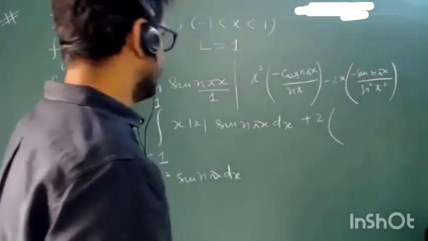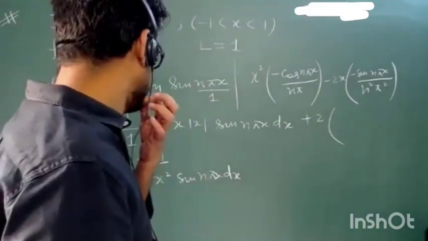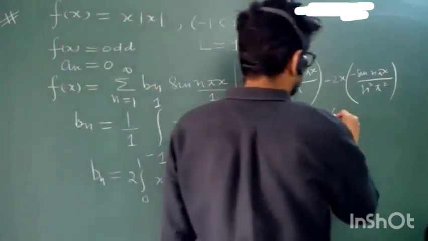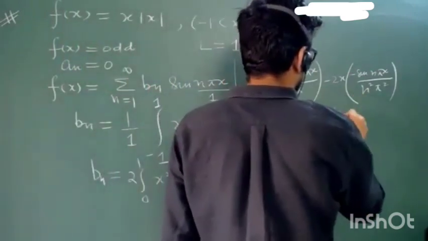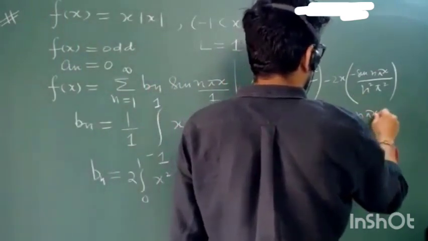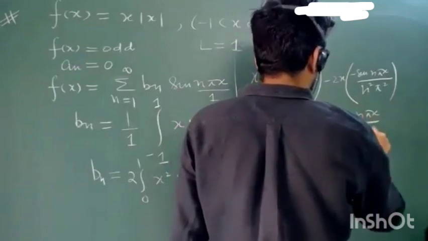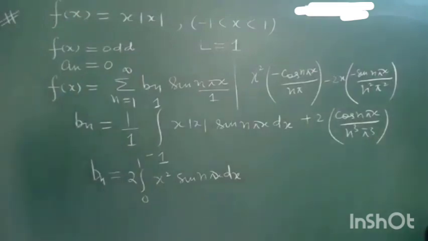So again integration of sine will be minus cos. So it will be cos n pi x over n cube pi cube. This will be the integration. Check it once.